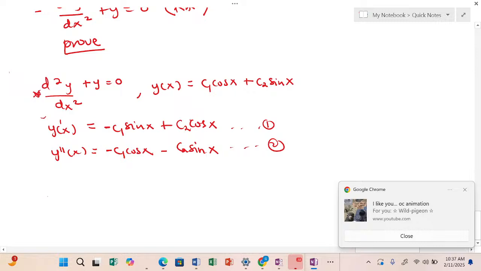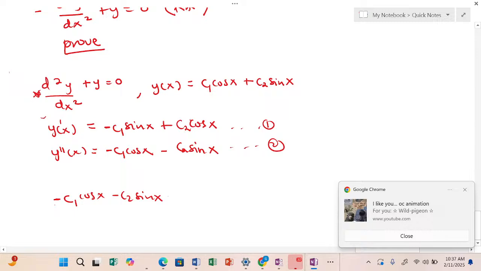So now we have d squared y over dx squared. There we put our negative c1 cos x minus c2 sin x and plus y. Now we understand that y is c1 cos x plus c2 sin x.